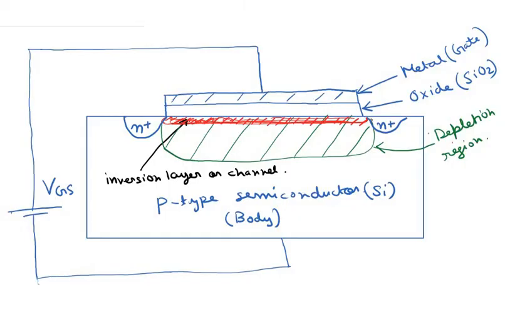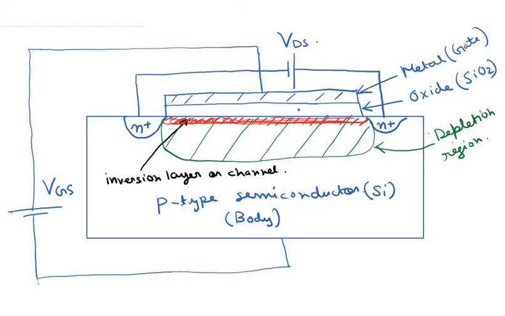Now we connect these two N plus regions with a battery and provide a potential difference across these two N plus regions, and let us call this voltage source VDS. We'll discuss where the names VDS and VGS come from.